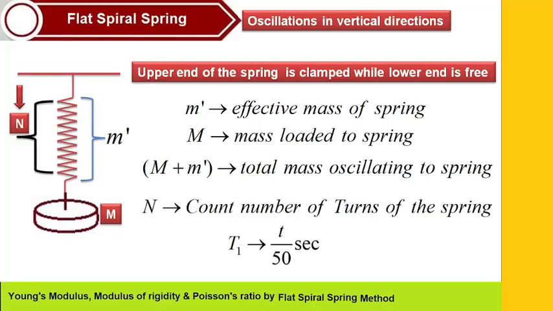Capital N is the number of turns of the spring, which is given here, and capital T suffix 1 is the time period, and it is given how much time is taken for 50 oscillations, in seconds.